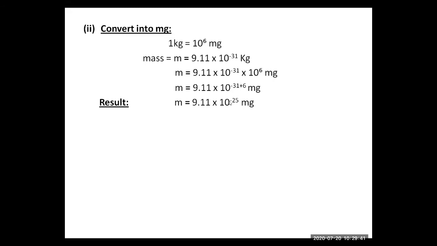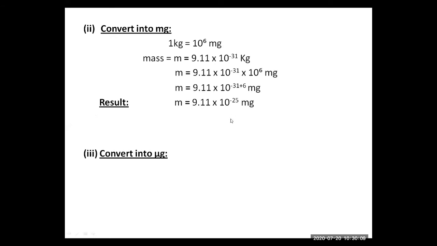Why are we writing the minus sign? Because the greater number has the minus sign. So that's why it will be written as negative 25. So this is our required result. Means we have converted kilogram into milligram. Do you understand, student? I hope so. You just try to understand it.